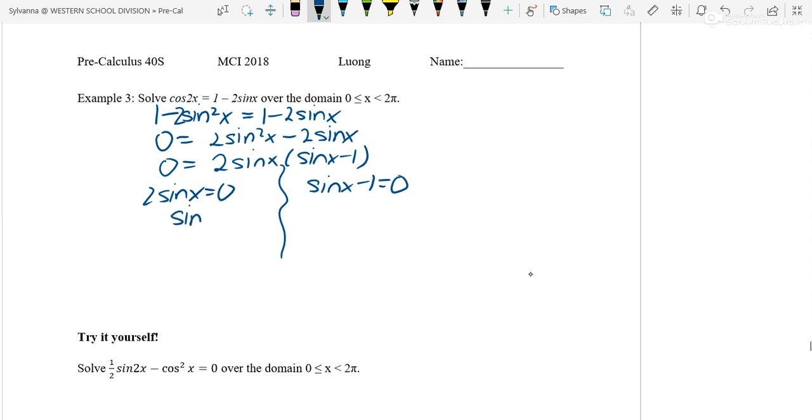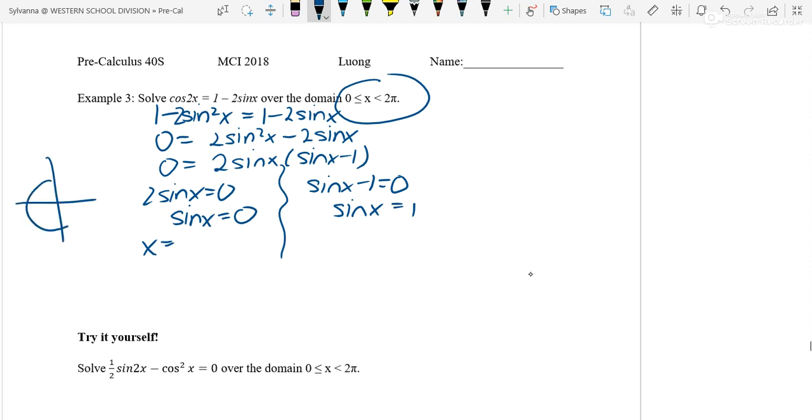So once I simplify this, I get sine x is equal to 0, and this one would be sine x is equal to 1. If you look at our domain, we want it to be from 0 to 2 pi. We can draw it out on our unit circle to help us figure out what my angles will be. So sine is 0 whenever we're on the x-axis.